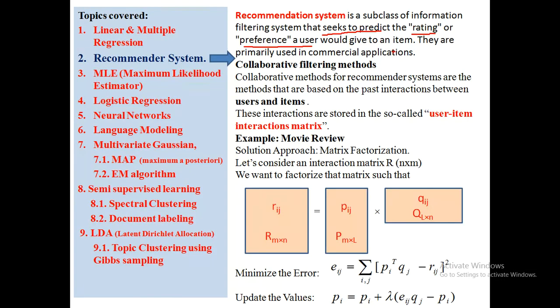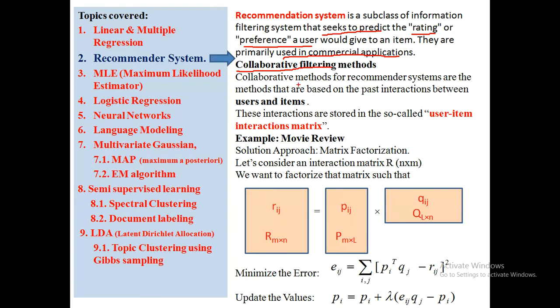They are primarily used for commercial applications like rating of movies or restaurants based upon users' reviews. That may be modeled using the collaborative filtering method and the content filtering method. In our class, we have discussed these methods.